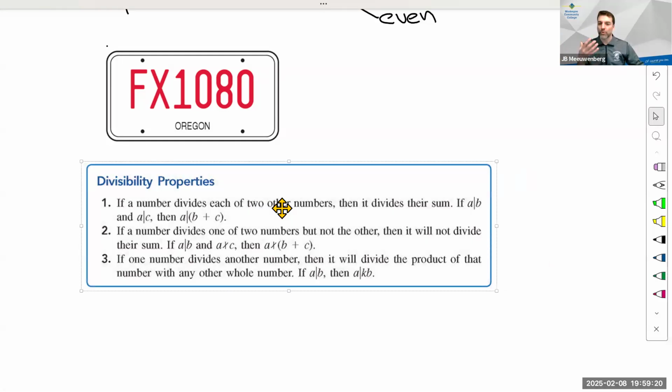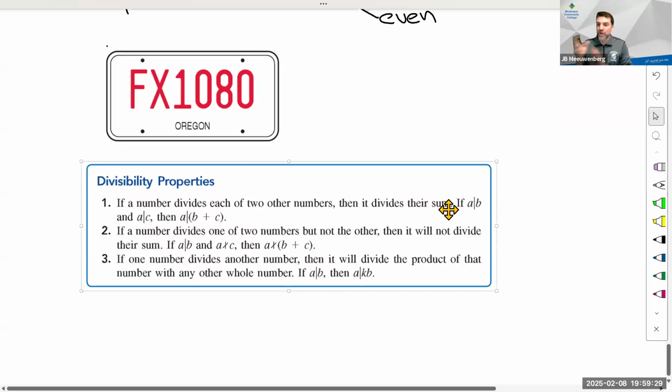This might take you a moment to digest, so I suggest as we go through these, pause, stare and play with these for a moment, and also jot them down, because I'm going to be referencing each of these 3 properties in the later video. I'll refer to them as divisibility property 1, property 2, and property 3.